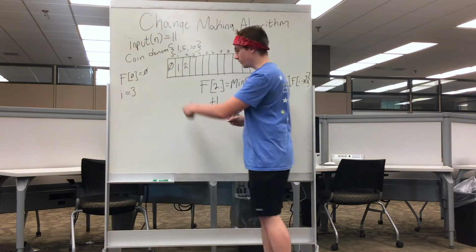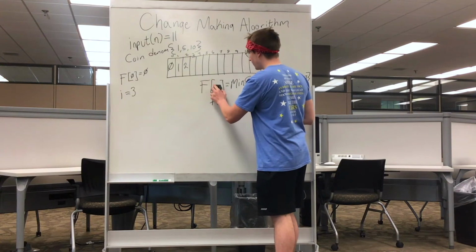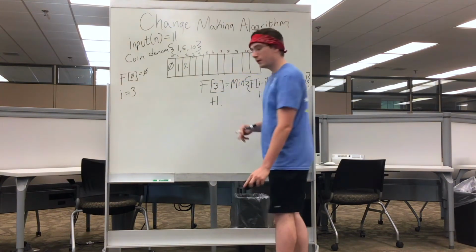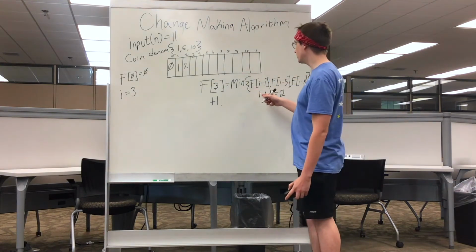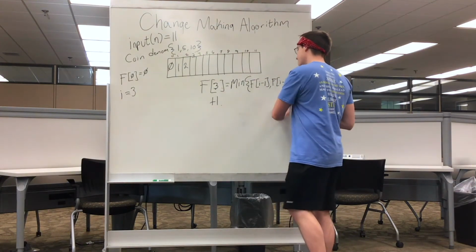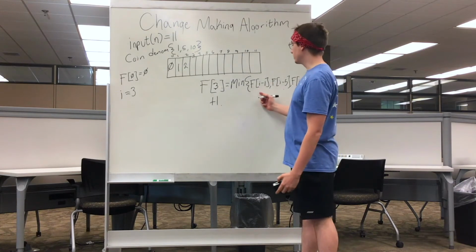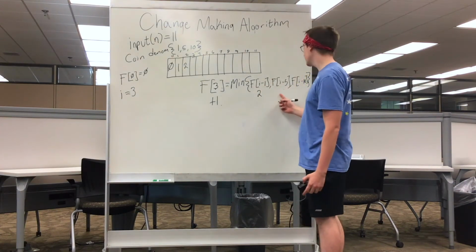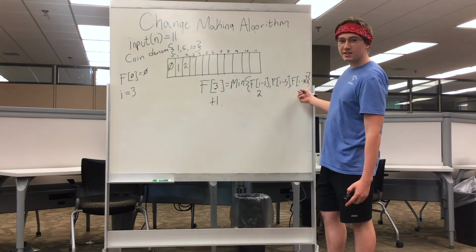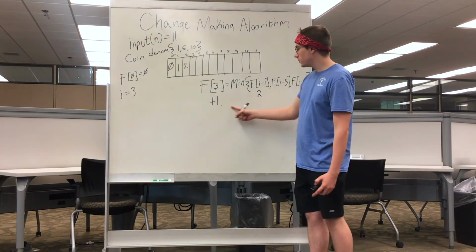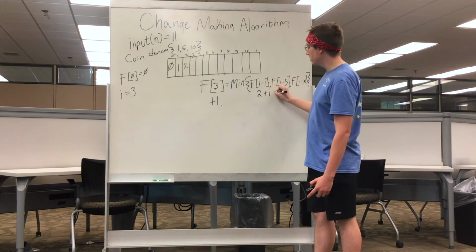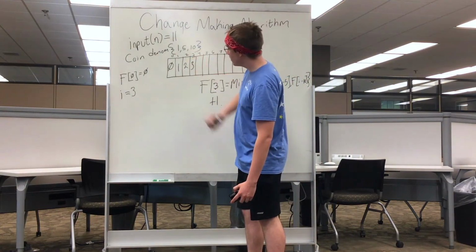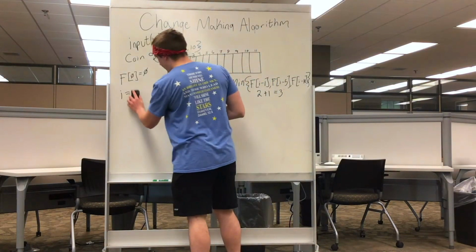So I is going to be equal to 3. So f of 3 will be 3 minus 1, which is going to be 2. 3 minus 5 is negative 2, so we won't use that. 3 minus 10 is negative 7, so we won't use that. And then we'll add 1. So 2 plus 1 is going to be equal to 3. And we'll go ahead and put that into the value here. Then we'll increment I again.